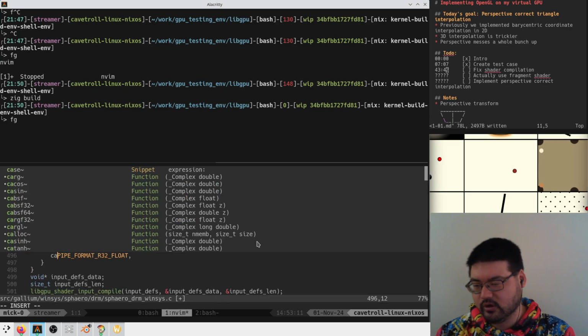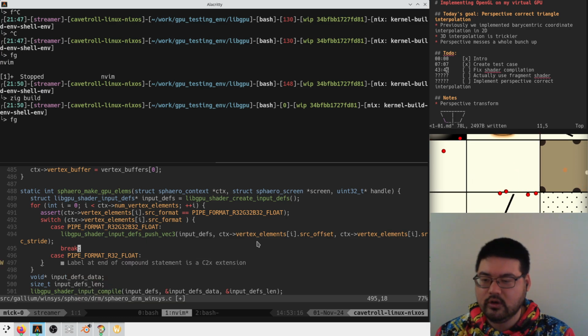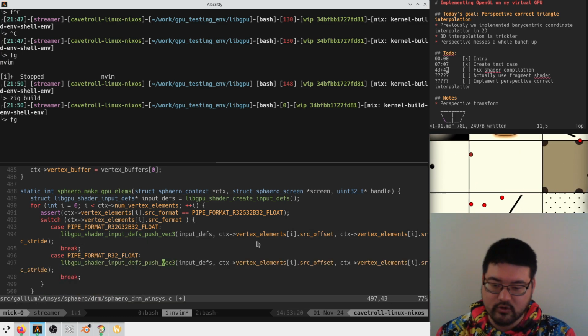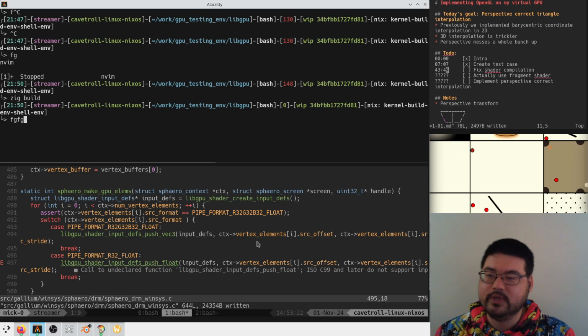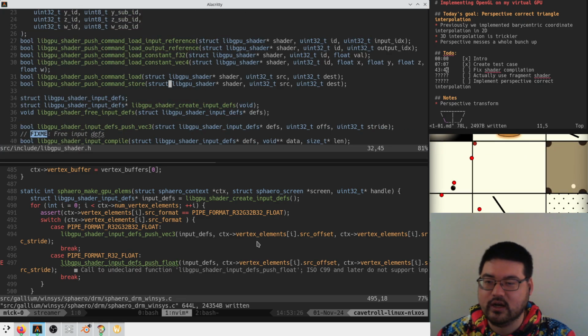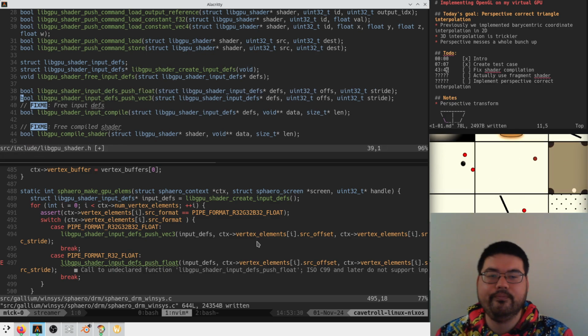Presumably this is the one we're going to be hitting now when we have a single floating point value. And we just need to say, could you push a definition for a float? Which means we need to do the same update here, where we have input defs push vec3, we put push float.